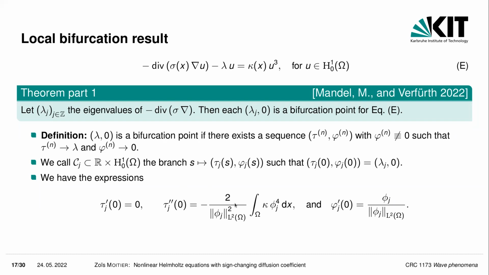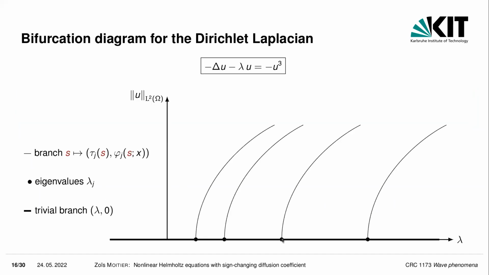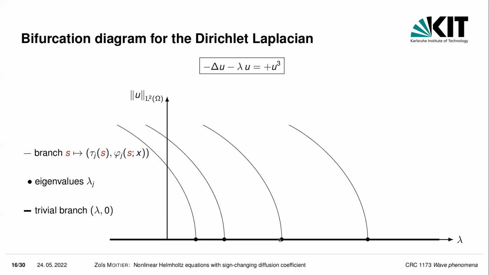If kappa is positive, this will be negative, and if kappa is negative, it will be positive. So if I go back, this is why it starts with a vertical tangent here, because the first derivative in tau is 0. And the sign of the second derivative will be the opposite of the sign of the non-linearity here. So this is why here I have a minus, they go to the right, and here I have a plus, they go to the left.